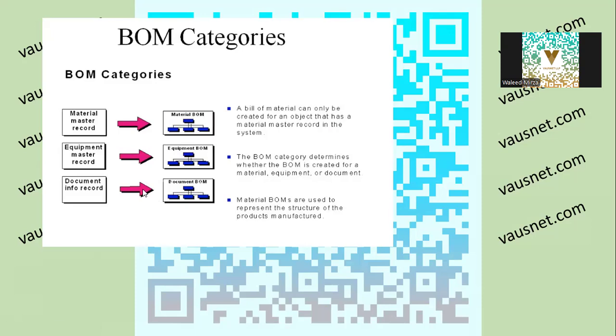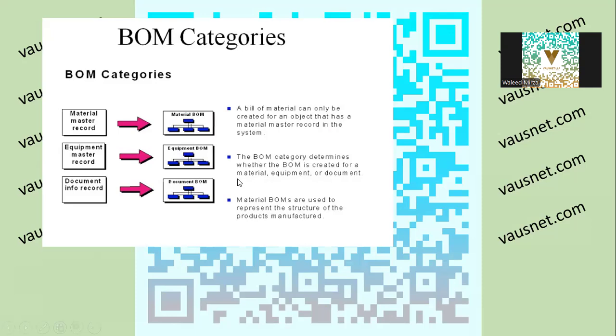And a document info record. For example, in an engineering project there is complex machinery, and the engineering parts, tools, and mechanisms are put together, because sometimes the machineries are complex.